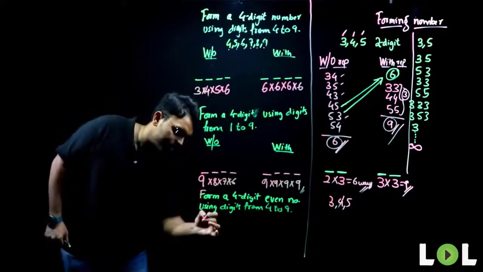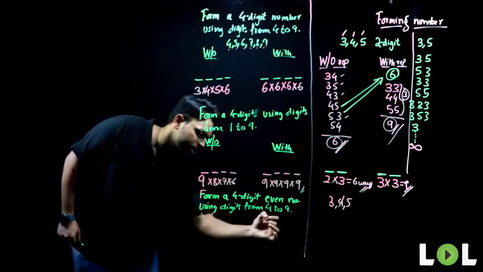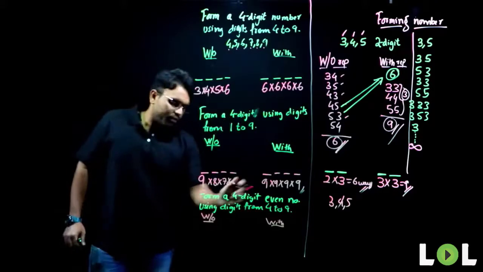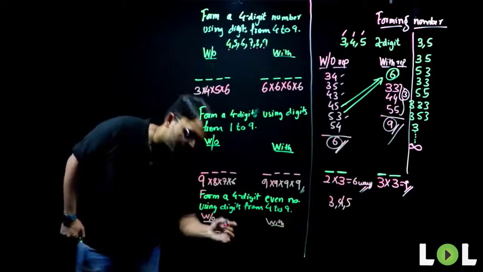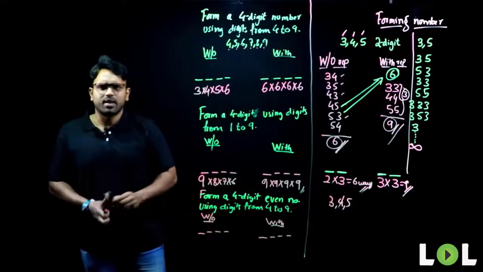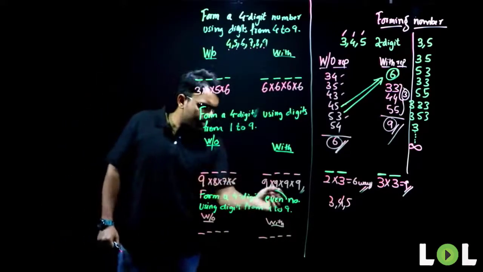The conditions will remain the same: one is without repetition, the other with repetition. So what will you do? To form a 4-digit number, I need 4 blank spaces. Here as well and here as well. Any doubt with that? No, right? Now, what is the condition?